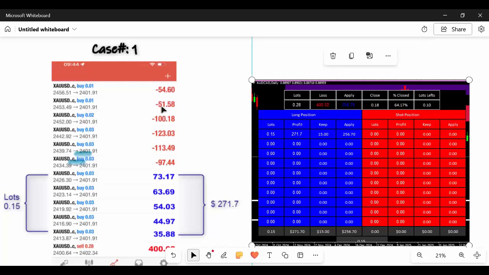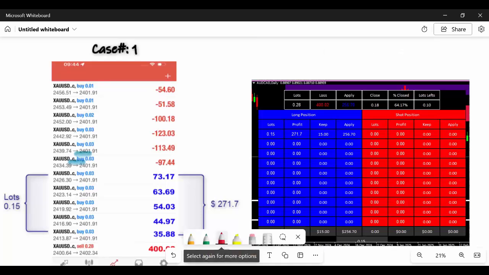Let me show what I'm saying, because I want us to understand it. All this buy is 0.13, and our sell is remaining 0.10.